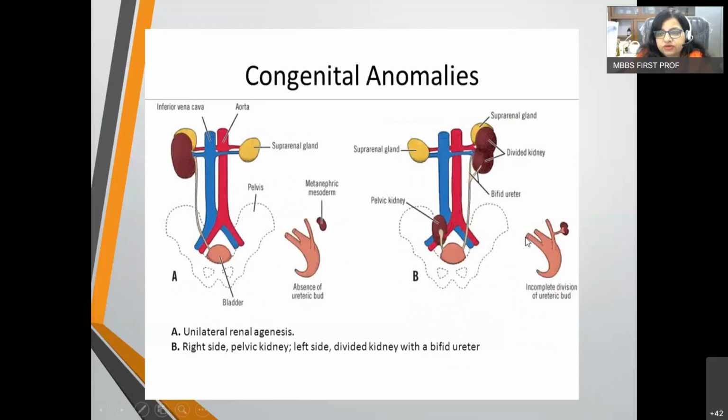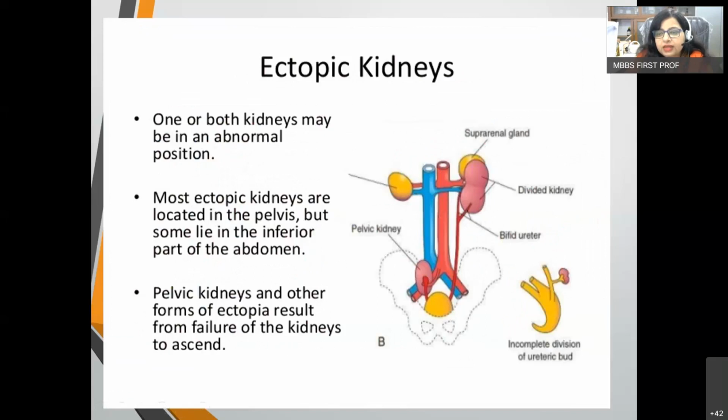See, there could be bifid ureter, lobulated kidney, anything could happen. And kidneys could also be ectopic. If they are not ascending, they may remain in the pelvis, that is in the sacral region. So ectopic kidneys may also result.